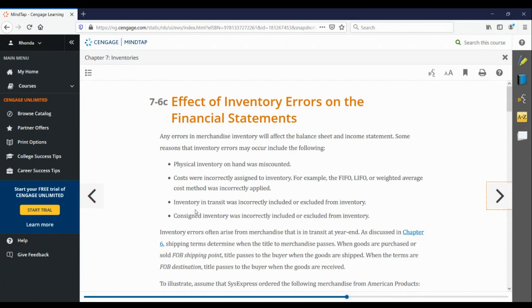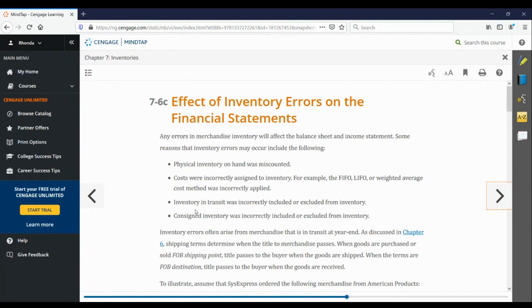Let me restate that again. If it was FOB shipping point, the purchaser is going to pay the shipping, and so the purchaser is going to carry it to the seller's door, and the merchandise will be that of the purchasers.